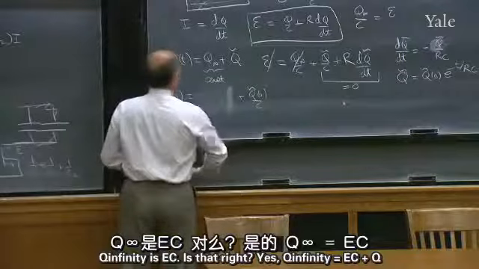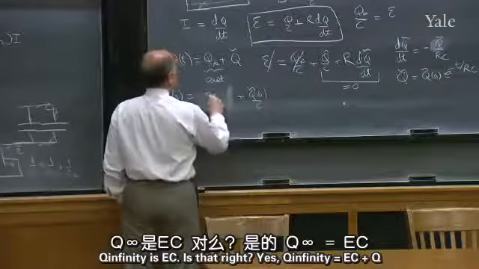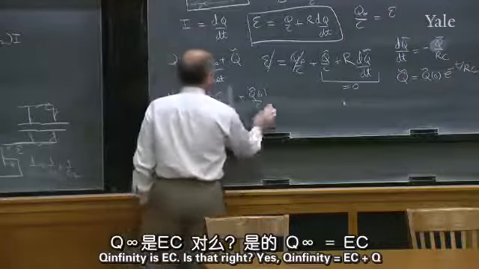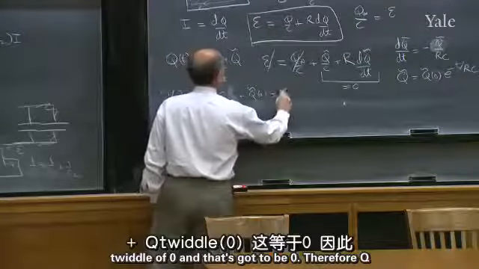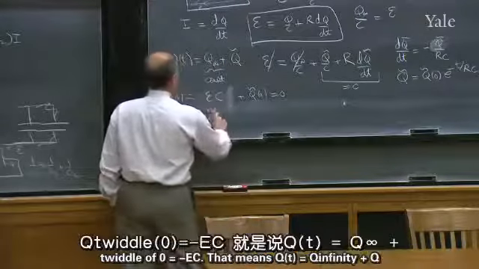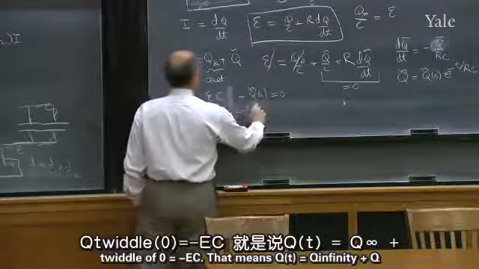Yes, Q infinity is equal to EC plus Q twiddle of 0, and that has to be 0. Therefore, Q twiddle of 0 is equal to minus EC.